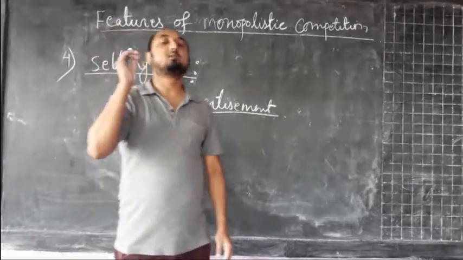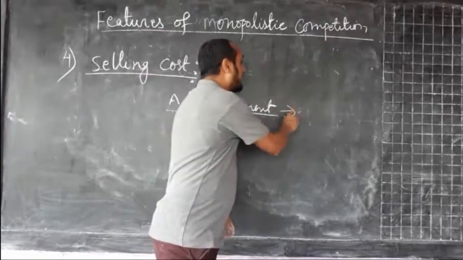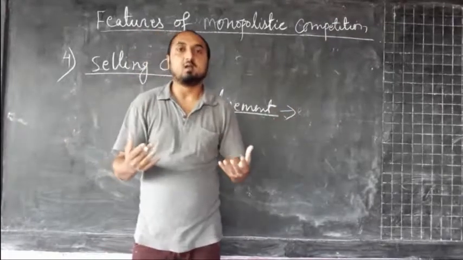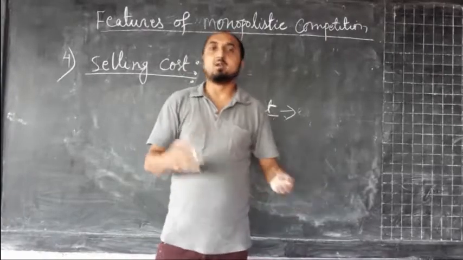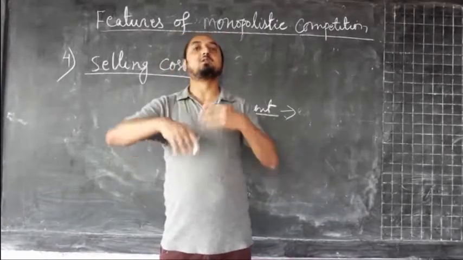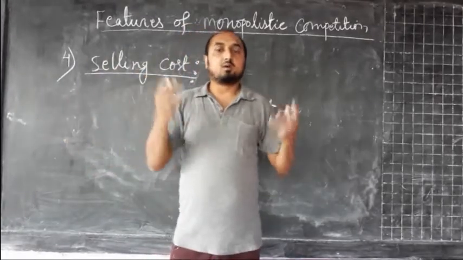Advertisement is one of the sales promotion measures. So with the help of advertisement, they advertise their product through different media. It may be on television, it may be in newspapers, it may be on other media.